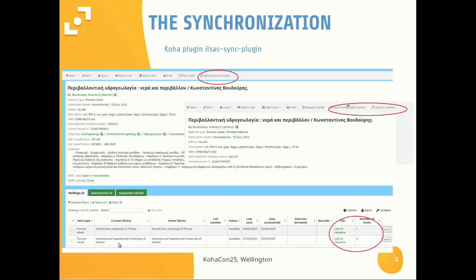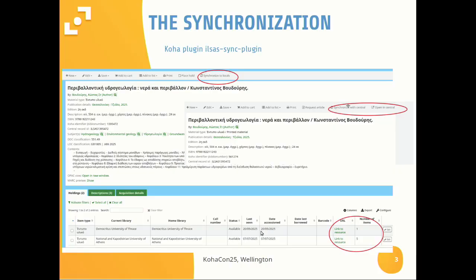What does the synchronization of the records mean? The local record is created if it does not exist. The local record is updated if it already exists. The biblio number of the central record is copied in the local record in a 035 field. It's a key matching identifier between the records. The number of items present on the local record is reported in the item corresponding to the university in the central record.